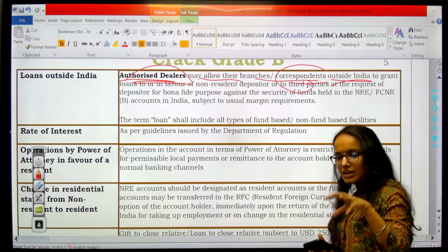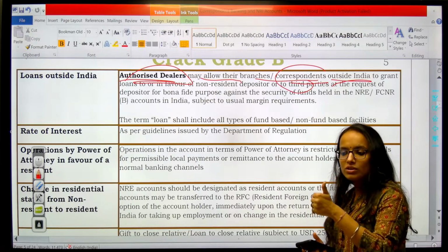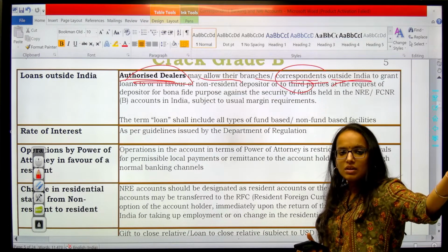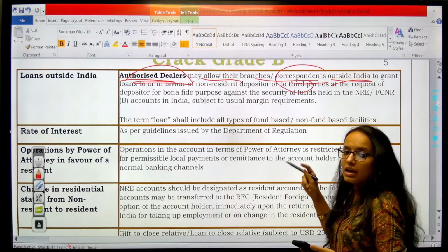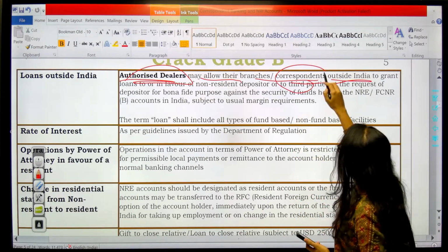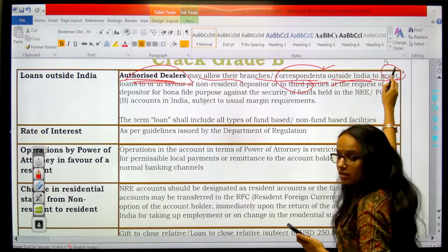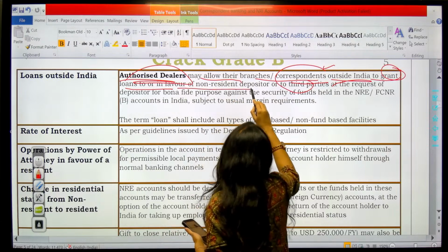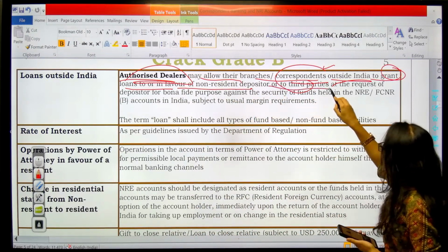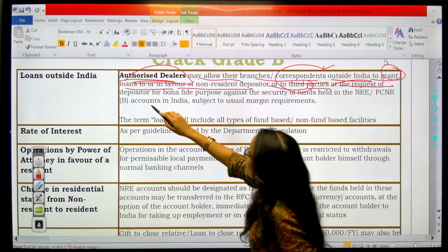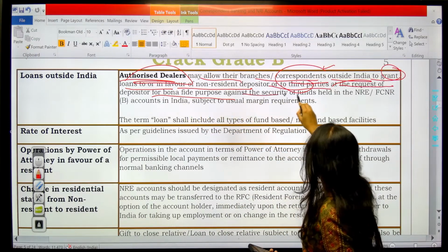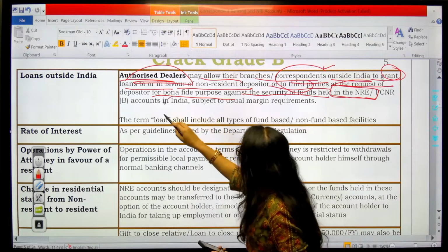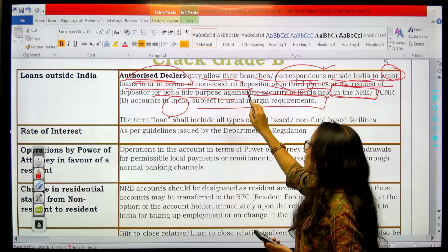So if there is an authorized dealer in India and that AD or bank has a branch, say in the US or some other country, the AD may allow their branch or correspondent outside India to grant loans to or in favor of the non-resident depositor or to a third party at the request of the depositor for bona fide purpose against the security of funds held in the NRE, FCNRB accounts in India, subject to usual margin requirement.